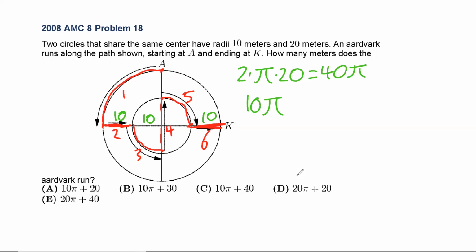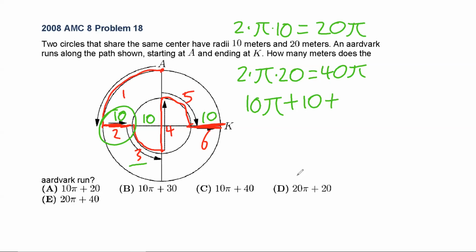So now we add the 10 from stage 2 right here. And now we have to go a quarter way around in step 3. The radius of the smallest circle is 10, which means its circumference would be 2 times pi times 10, which is equal to 20 pi. And a fourth of that would be 5 pi.